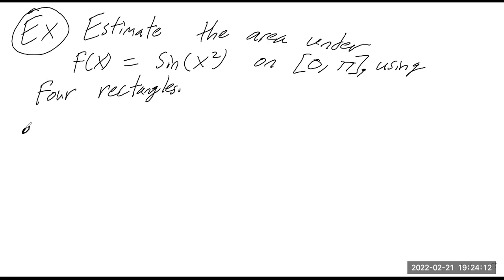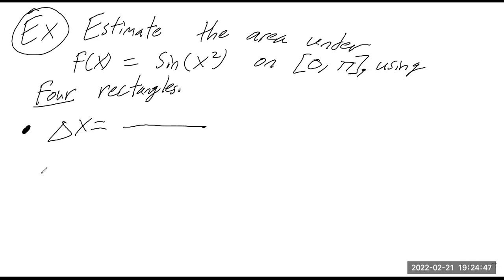Now, the general idea of this is still just like that picture. We have a function, we want to chop it down to size, but now in the sense I'm only using 4 rectangles. So first things first, got to put that delta x there. To get our width, we know that it's equal to a ratio. We got to figure out what it means in this context. So how many rectangles am I using? 4.